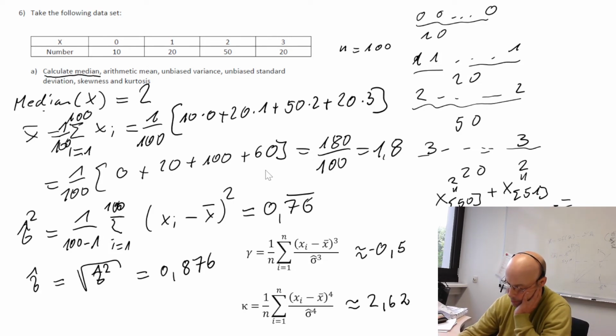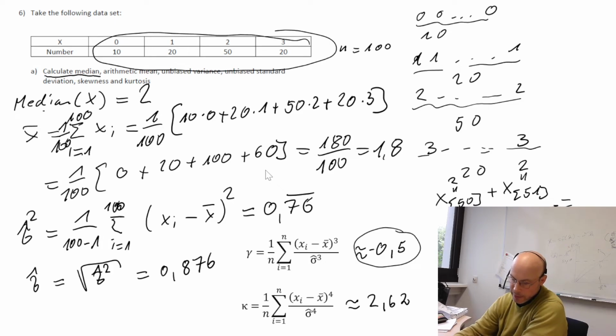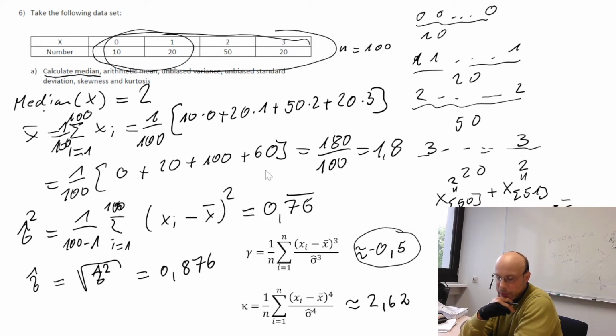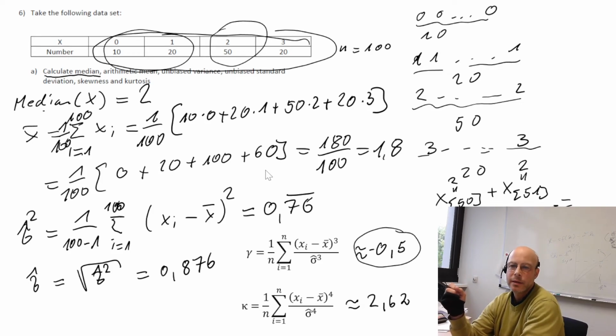So what do these numbers mean? Well, this number, of course, means that we have a slightly skewed distribution, and if we look at these numbers, we see that here in the lower part we have the numbers 10 and 20, and so the main mass of our sample is surrounded around the number 2, and therefore we have a distribution which moves just a little bit to the right.